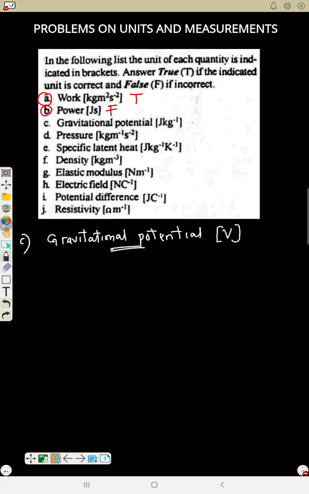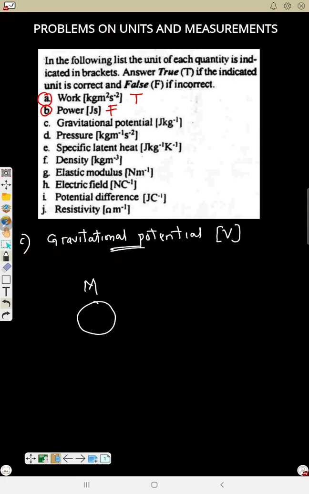Now, the gravitational potential is that potential energy possessed or acquired by an object due to a change in its position when it is present in a gravitational field. So like I said, if I have a ball of mass m, you have a gravitational field around it, everywhere around there.